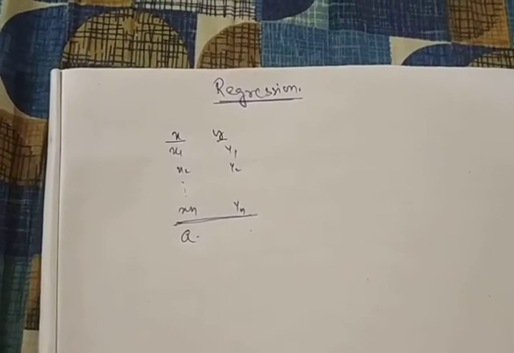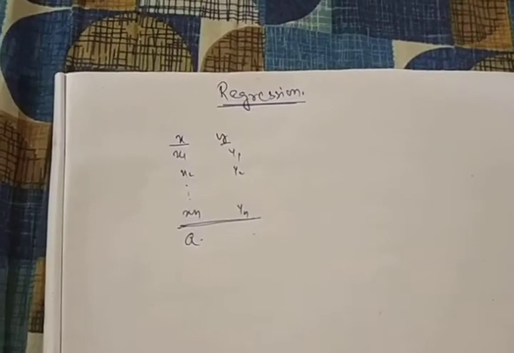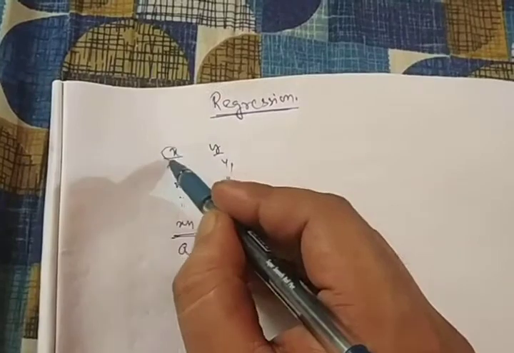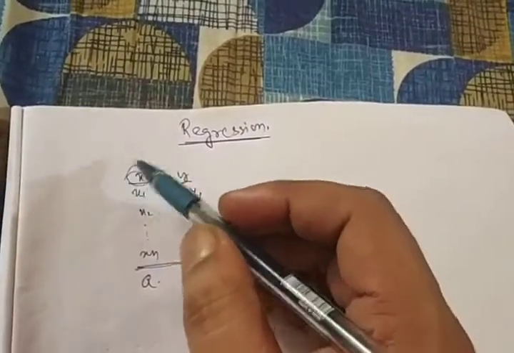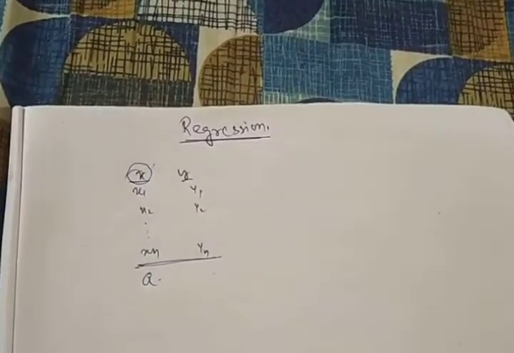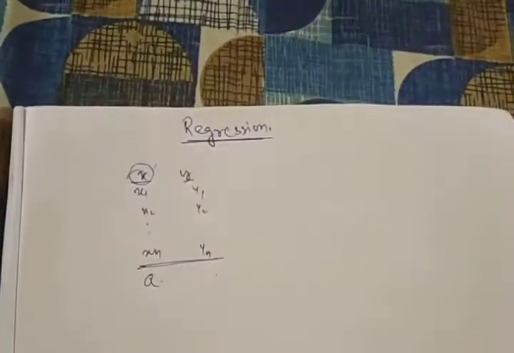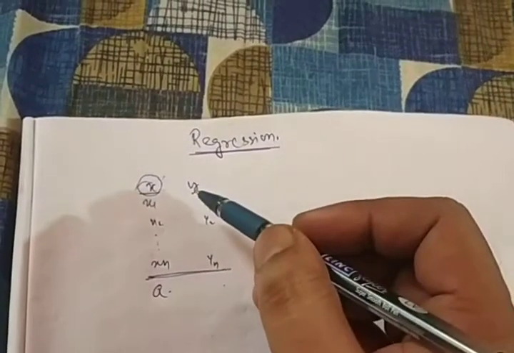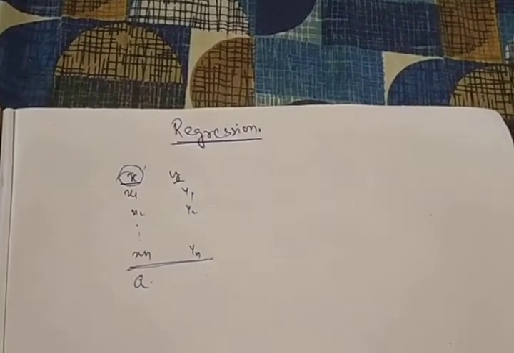Regression is a statistical method used to estimate the unknown values of one variable, say x, which is known as the dependent variable, by using the value of y, which is the independent variable.